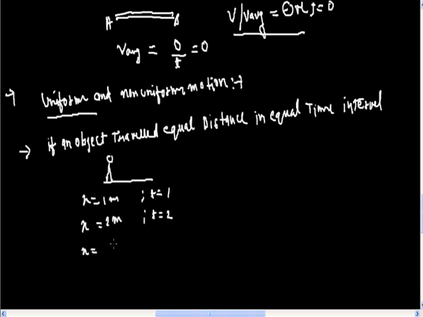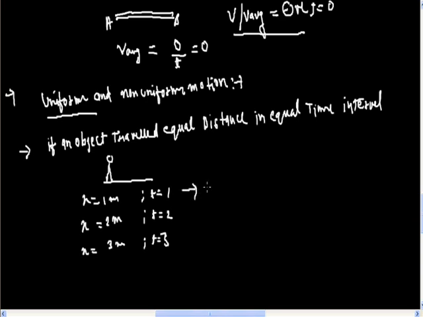It comes to 3 meters in 3 seconds. Okay, equal distance in equal time. From 1 to 2 there is 1 meter and the time taken is 1 second. Again from 2 to 3 meters it travels 1 meter and the time taken from 2 to 3 is 1 second. This shows uniform motion.